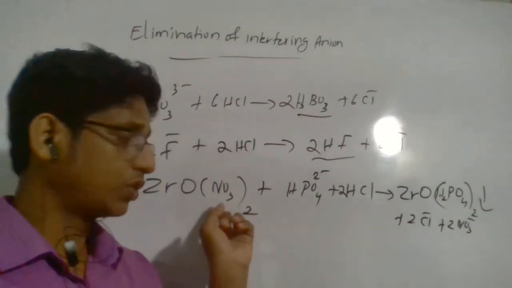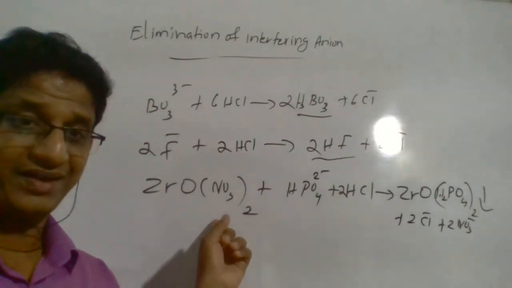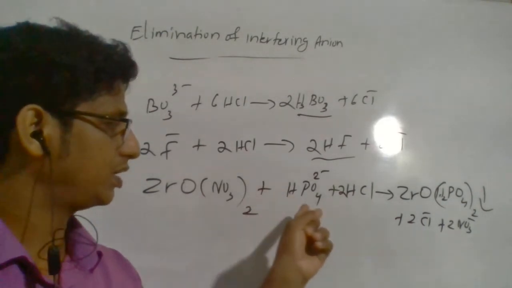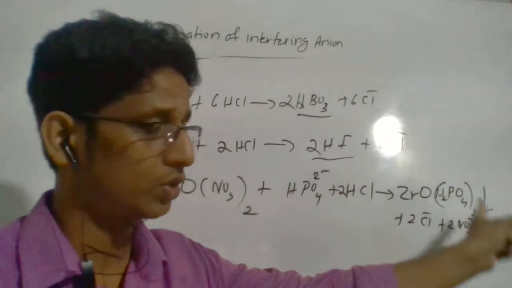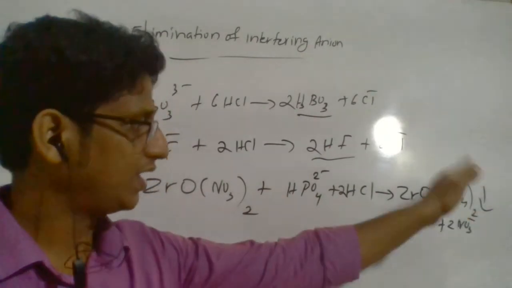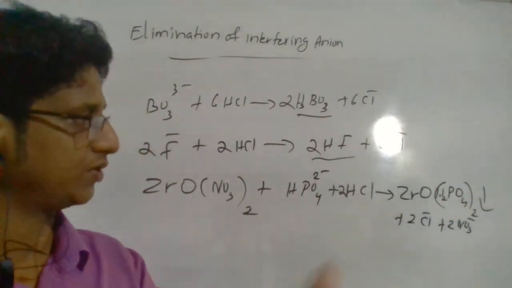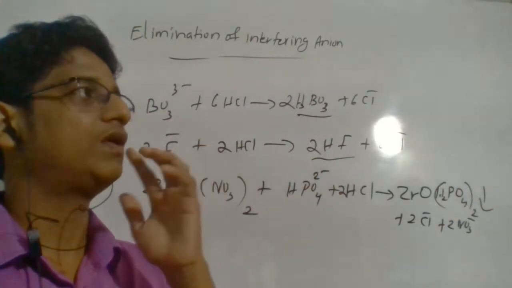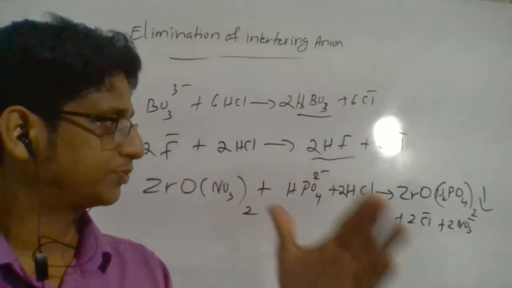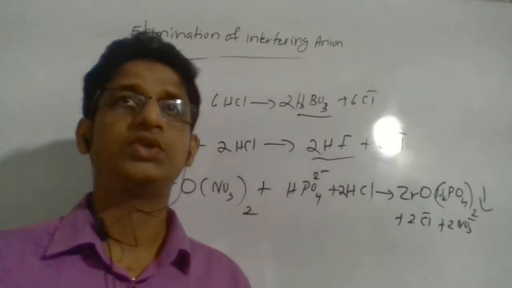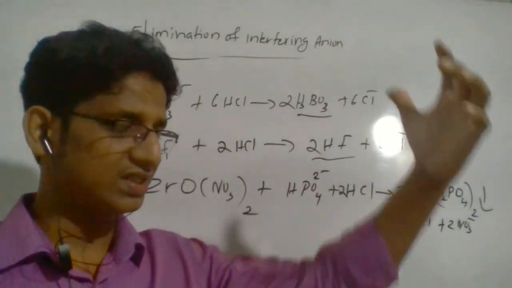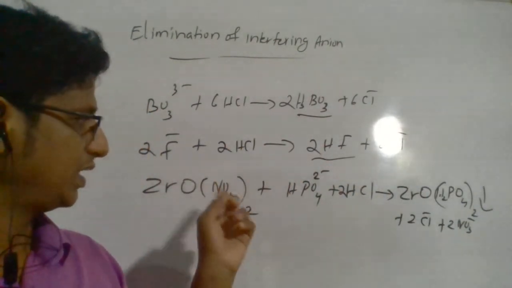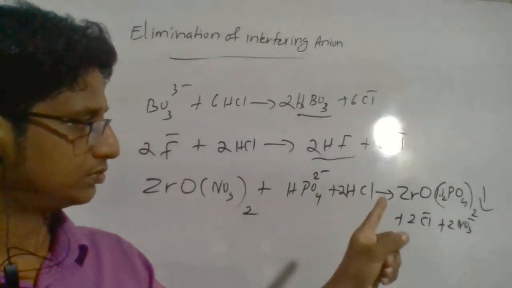Look at this, it is zirconyl nitrate. Zirconyl nitrate in the presence of phosphate converts into zirconyl phosphate. So that will be precipitated, and that precipitate you can remove. This is especially after the group 2 cations, after you eliminate hydrogen sulfide, then the zirconyl nitrate will be added.